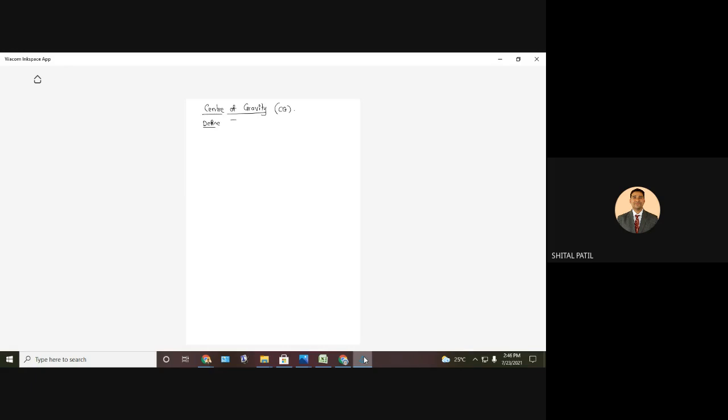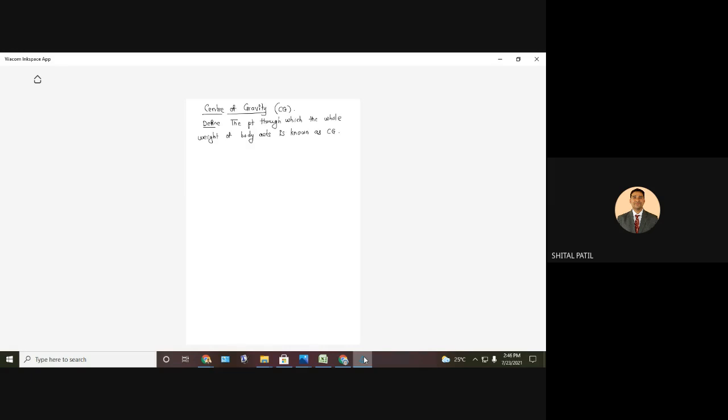The point through which the whole weight of a body acts is known as the center of gravity.